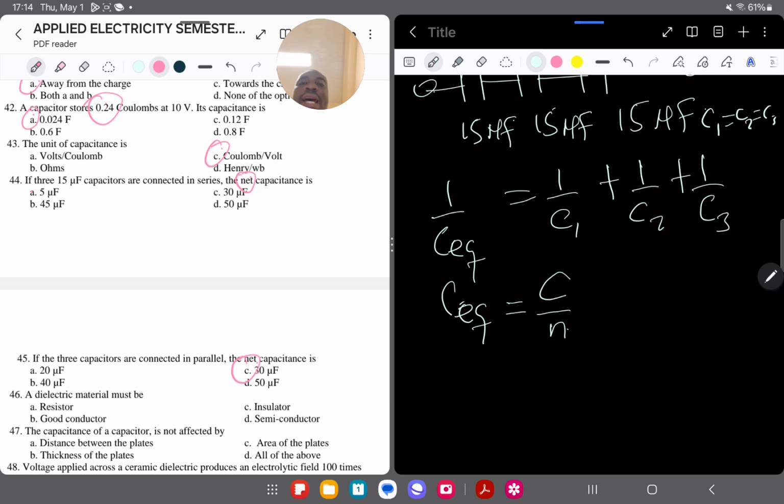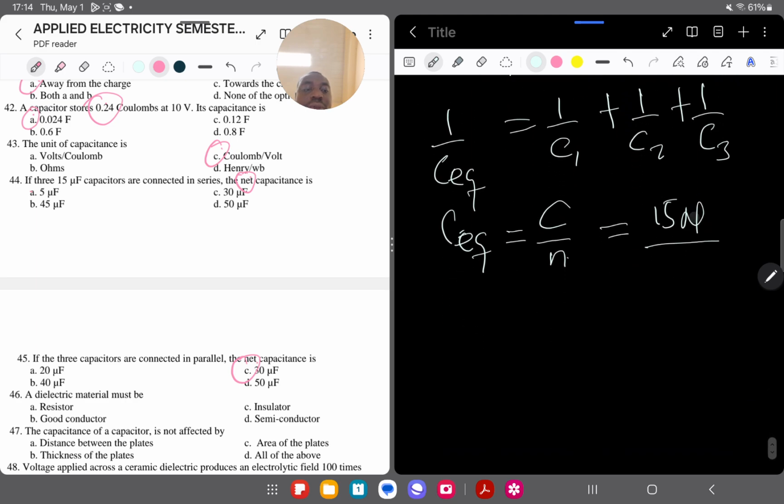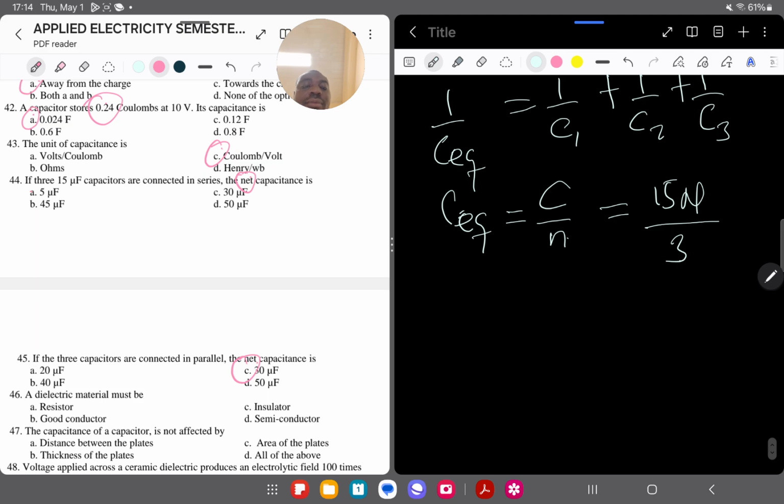If you don't want to do that, you can just replace each with 15 microfarad, and then you get the same answer. But the easiest is to take the capacitance, which is 15 micro, over the number of capacitors. We are dealing with 3 of them, 1, 2, 3. So divided by 3. And that is going to give us 45.